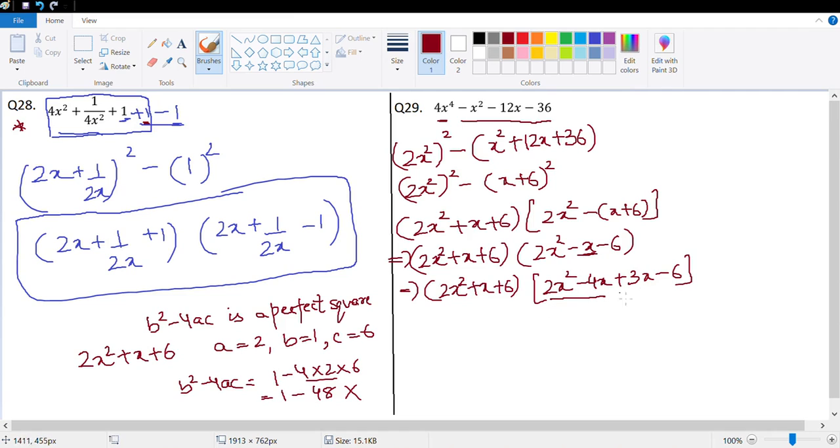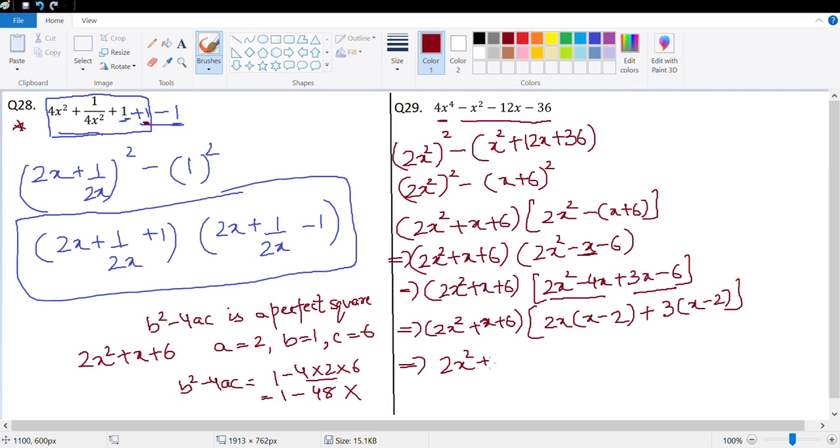Grouping it the way I have underlined, the first term remains the same, 2x squared plus x plus 6, and here I get 2x common. What we get is x minus 2. In this case, 3 common, x minus 2. What we have is 2x squared plus x plus 6, and this is x minus 2 times 2x plus 3.